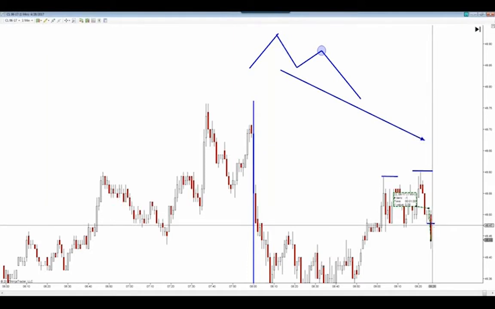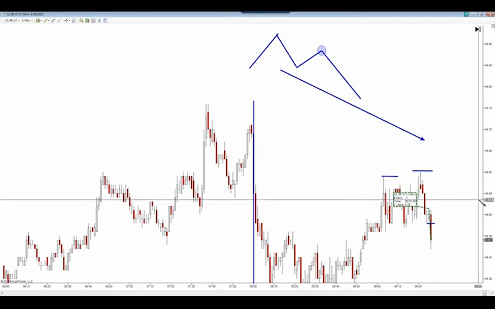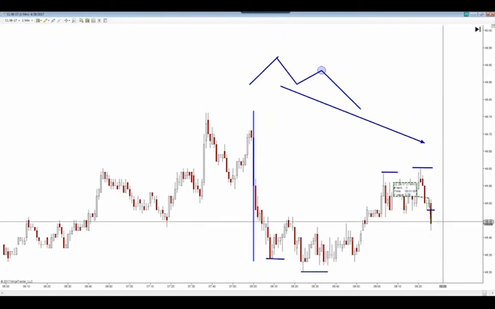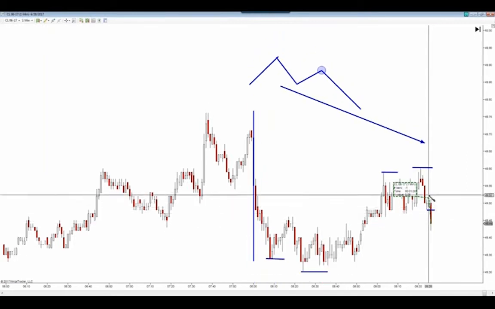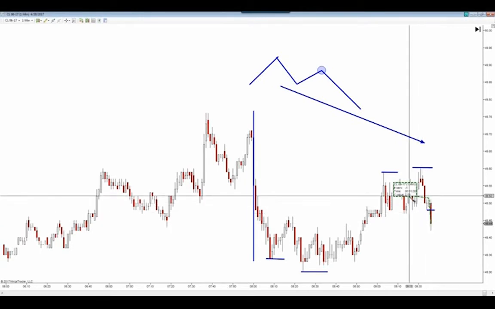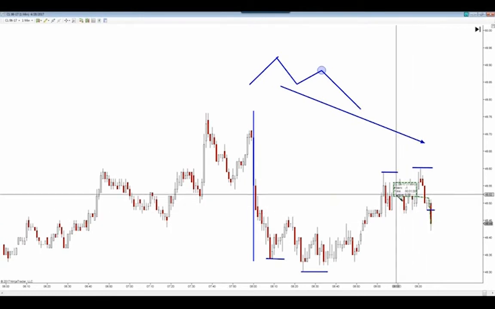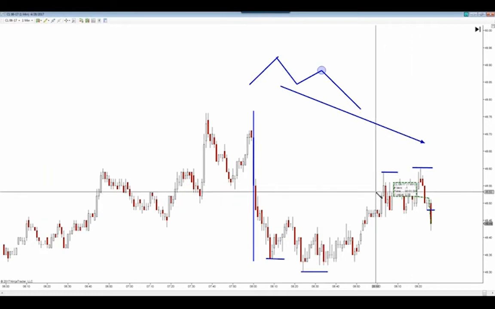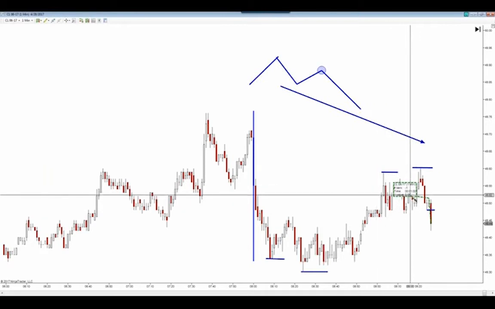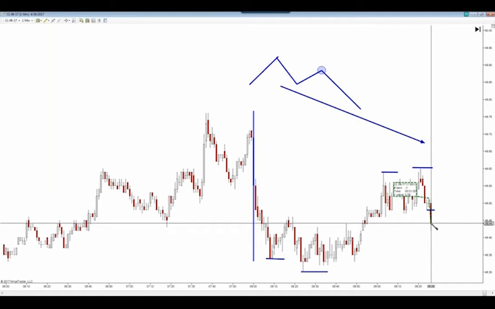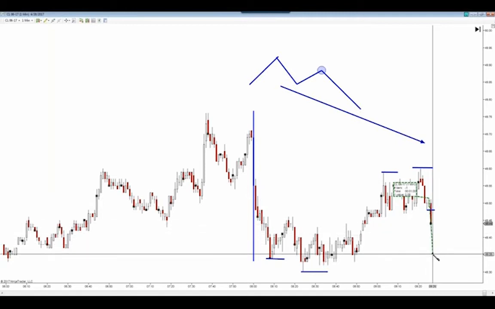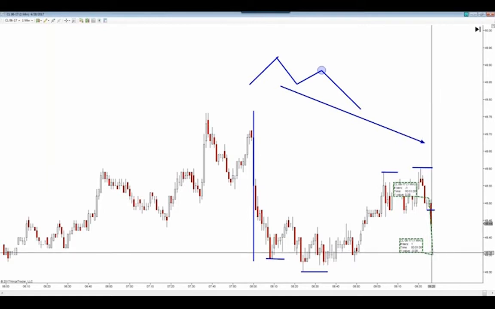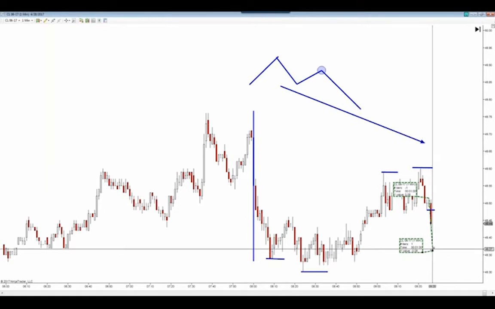Now this is just my personal preference. If I know that this is how much max risk I could be taking, and the Y value on here is the important thing. I'm looking at the Y value to say, hey, this is 8 ticks of risk, or this is like 8 cents of risk, okay? If I'm going to be looking at a risk of 8 cents, then I want to have my profit target at least make 8 cents of profit, okay?